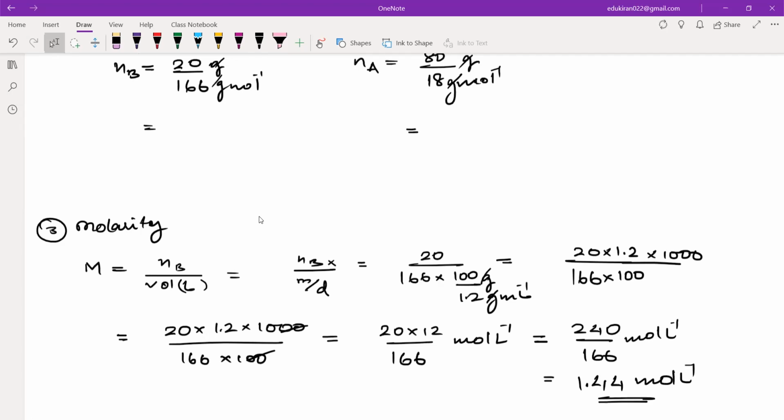Mole per liter. Did anyone get mole fraction?